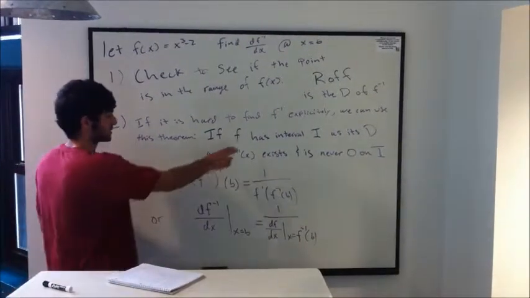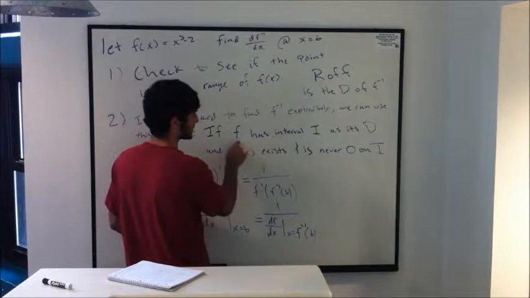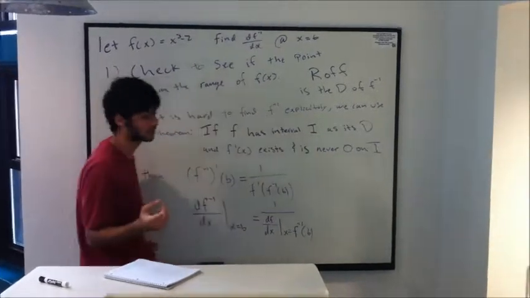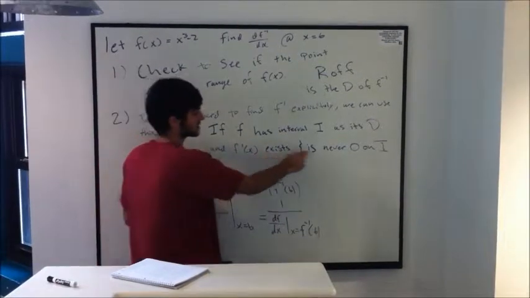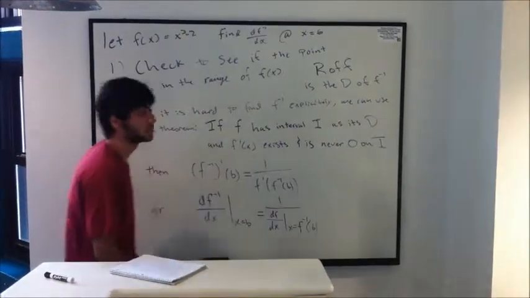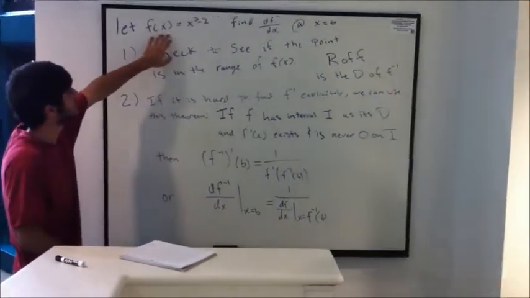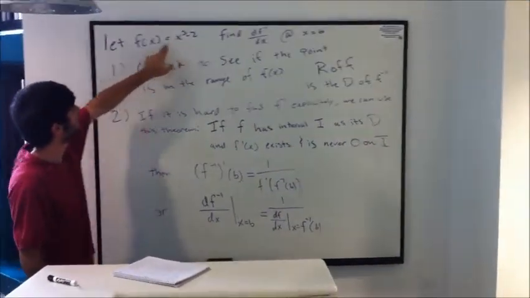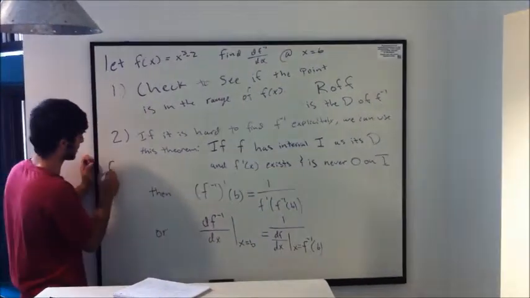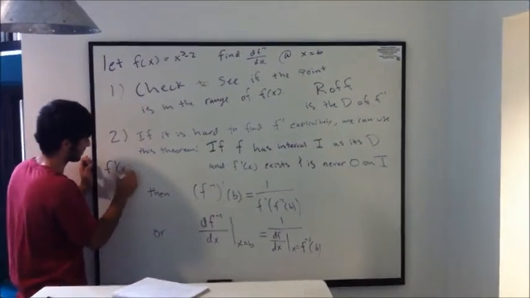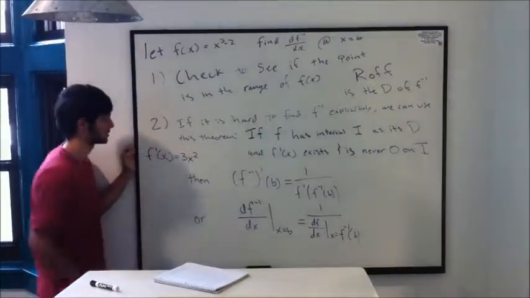I want to talk more about this if clause. So f has to have an interval I that you can name as its domain. And f prime has to exist and be never 0 on that domain. So we can look here and say that f prime of x equals 3x squared, right?